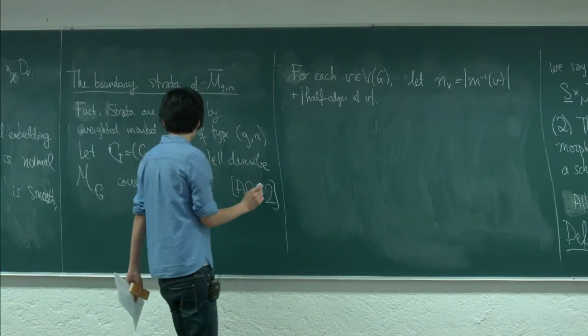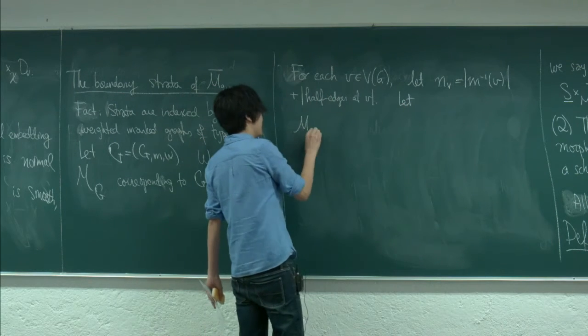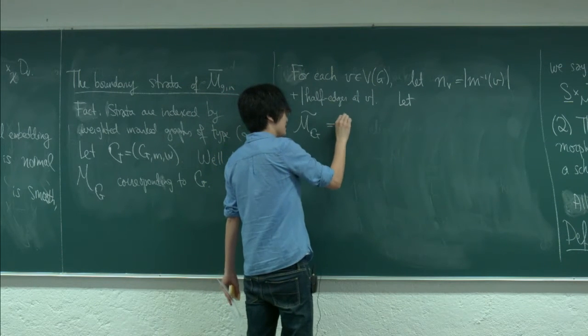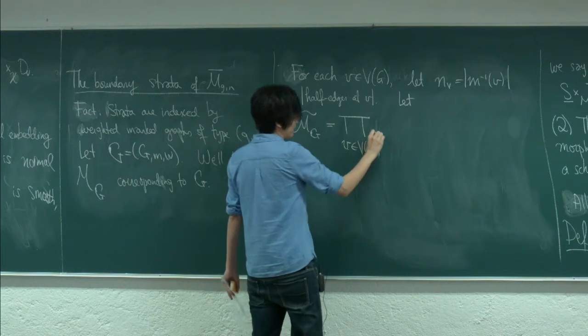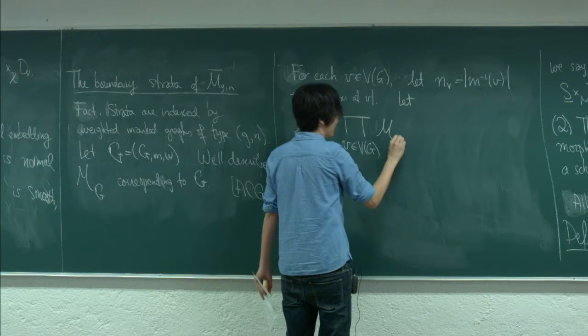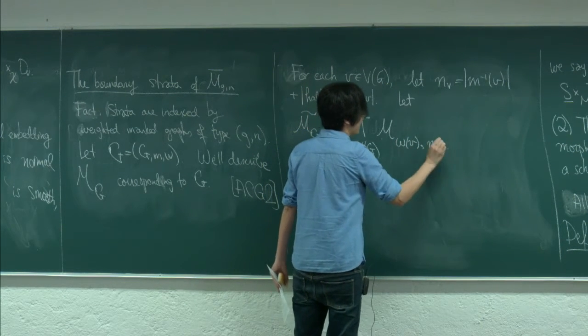And now let me let, as an interim, M sub G tilde be the product over all vertices of the spaces M, no bar, so just M sub weight of v, comma, n sub v.